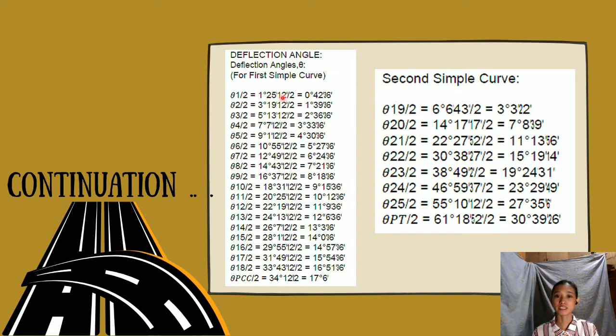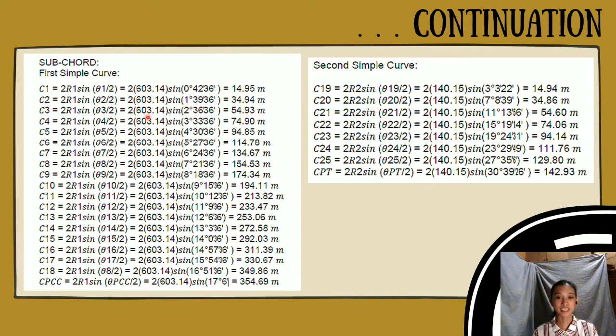Next is to get the deflection angle. We divide the sub-degree of the curve, in this case theta, by 2. And lastly, we solve for the subchord of the points, by substituting the values we got to the formula, using R sub 1 when it is in the first curve, then R sub 2 when it is in the second curve.